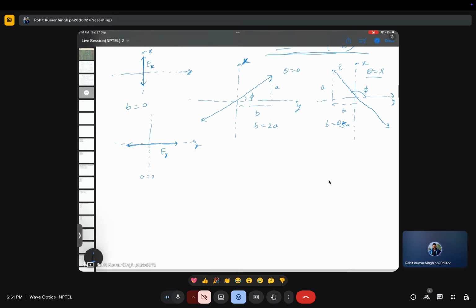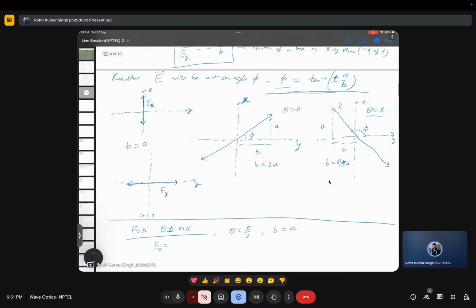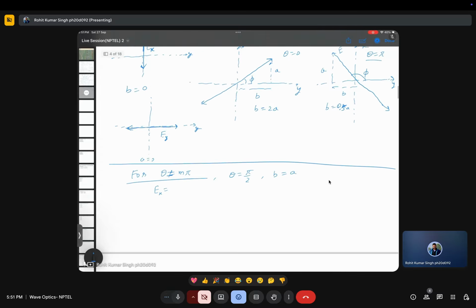So what will happen if now you have theta not equal to an integer multiple of pi? For example, let's take theta equal to pi by 2 first. And for now let's put B equal to A, so the amplitude of both are the same.